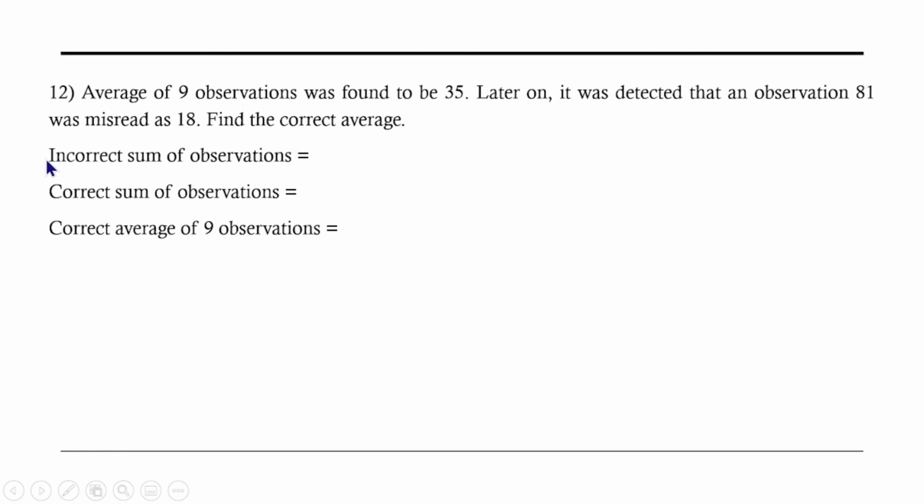First let us find the incorrect sum of observations. The incorrect sum will be 9 into 35, so it is 315. Now to find the correct sum of observations, we have to add the correct observation and subtract the wrong observation from this incorrect sum.